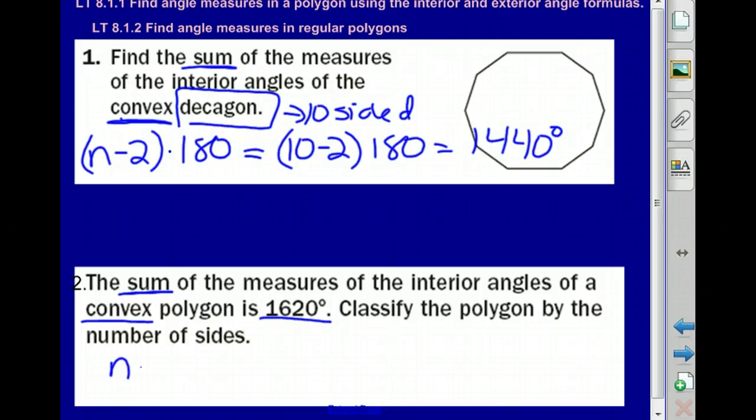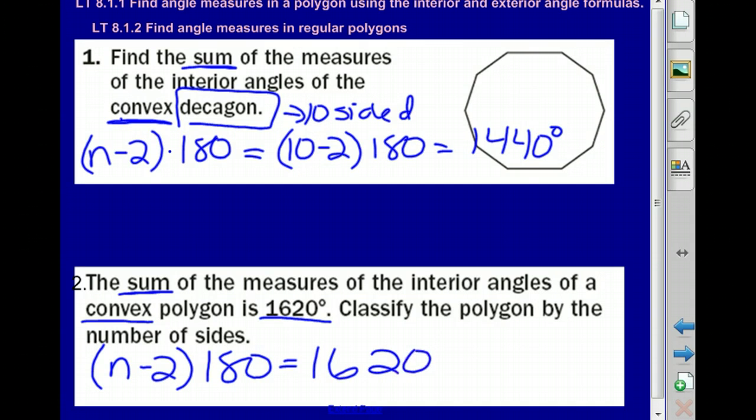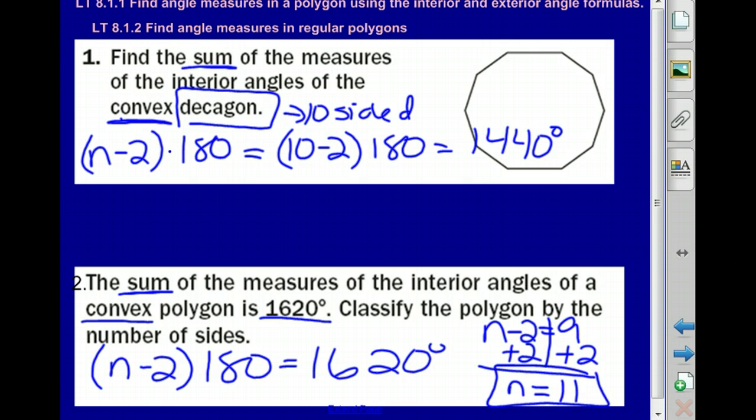So we do n minus 2 times 180 is equal to 1,620. This time I'm dividing. 1,620 divided by 180 is 9. So I have n minus 2 is equal to 9. I'm adding 2 to both sides to get n is equal to 11. So this figure should be an 11-gon.